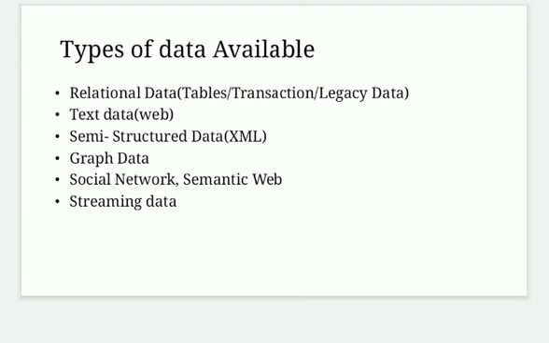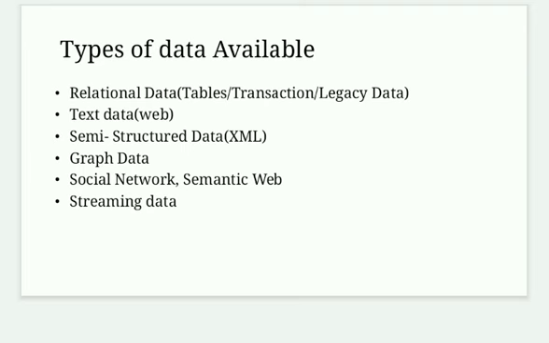And text data, where we store text in web pages, Google pages, or any kind of online pages. Then semi-structured data is nothing but your XML data. Graph data can be medical data, or Google Map data, and so on.